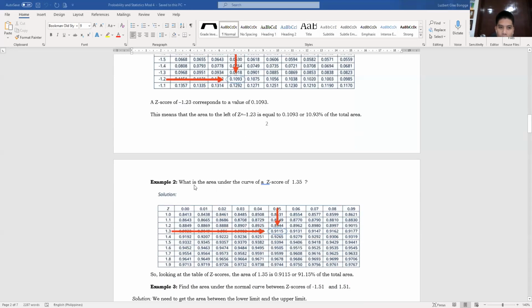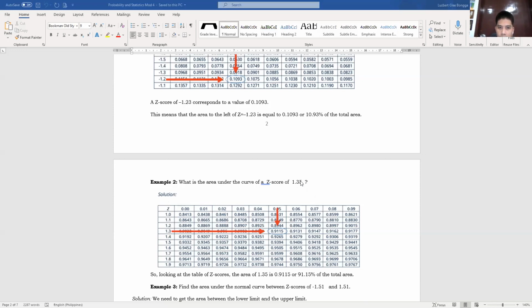Example number 2. What is the area under the curve of a z-score of 1.35? Since this is positive, 1.35, we will use the positive values of our z-table. Again, we look at the first 2 digits, which is 1.3. In the first column, we look for 1.3. Here is 1.3.